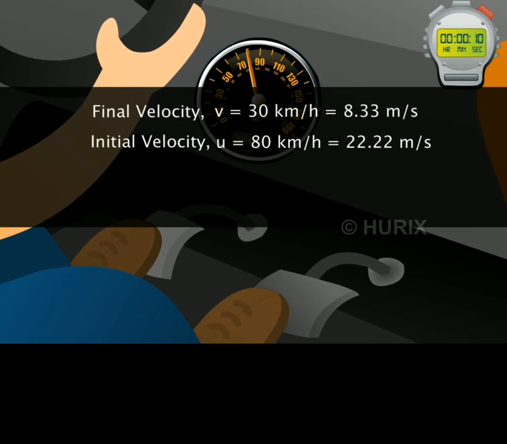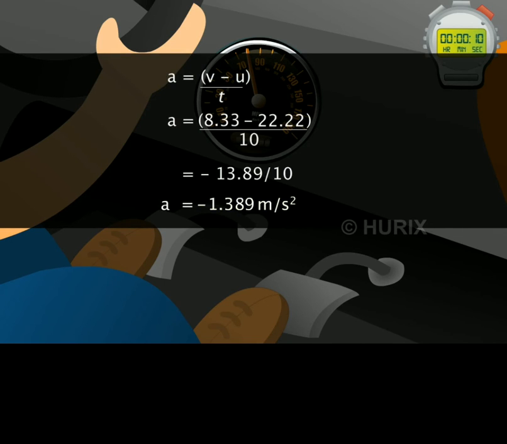The time taken to change velocity from initial to final is 10 seconds. Now, can you calculate the acceleration? The formula for acceleration is this. By substituting the values for v, u, and t, and then calculating, we get the following result.